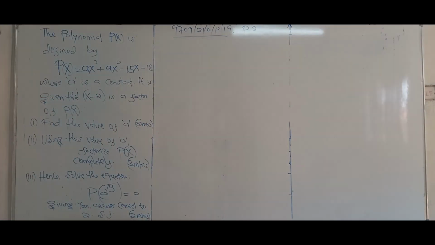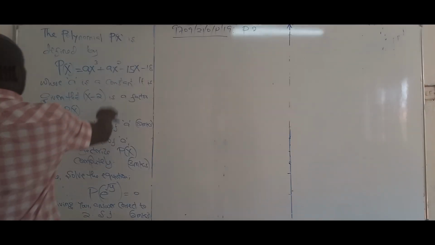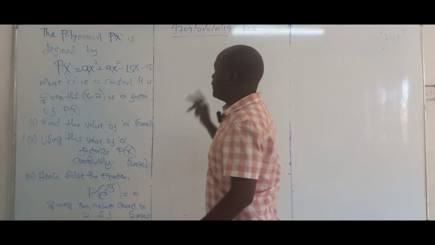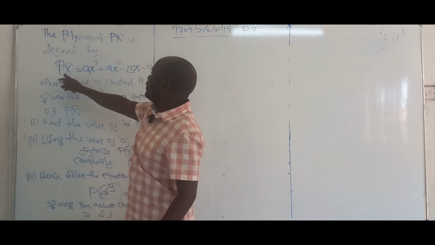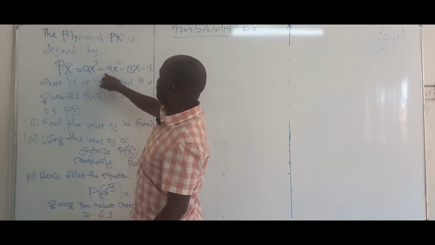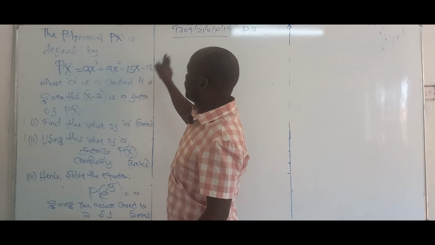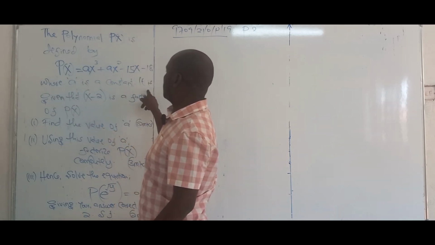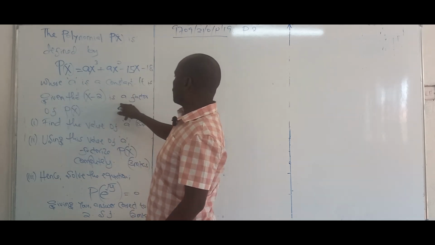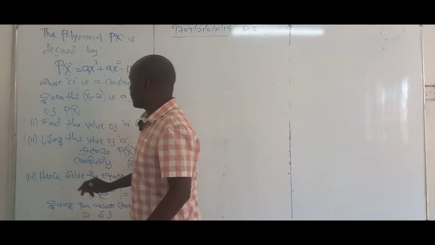So the question is the one I already have here, and it reads: the polynomial p(x) is defined by p(x) = ax³ + ax² - 15x - 18, where a is a constant. It is given that x - 2 is a factor of p(x).